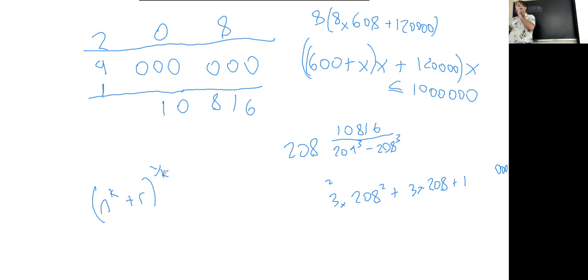And so what this arithmetic procedure does is it finds the highest kth power, which is just less than it, plus a remainder, and we approximate this then as n plus r over n plus 1 to the k minus n to the k.